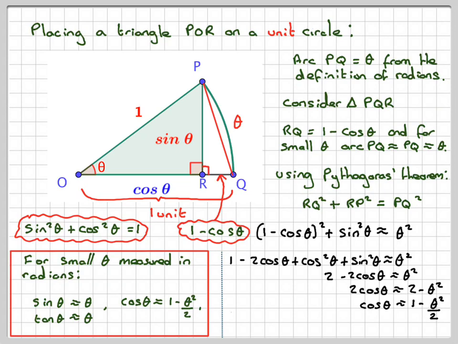For small theta measured in radians, and we're talking about theta being between like minus 0.1 and 0.1, sine theta will be approximately equal to theta, cos theta will be 1 minus theta squared over 2, and tan theta is approximately equal to theta. So this has been a video to show you why for small angles measured in radians we have these results.